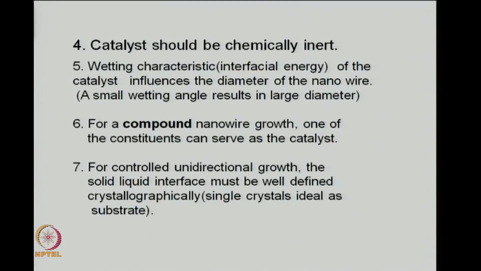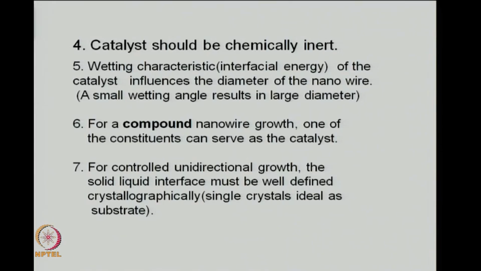If you have a polycrystalline substrate, then you may not be able to grow a particular phase or a particular direction. So, the crystallographic orientation can be maintained if you choose a single crystalline substrate, and then you can grow along some particular direction.